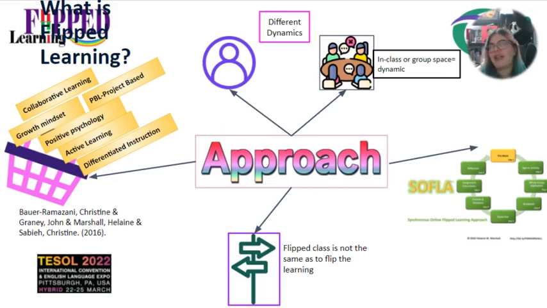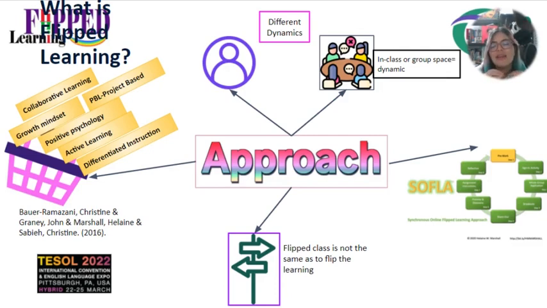So, what is flip learning? Besides the huge definition from the Flip Learning Network, in which we move those teaching practices from the group space to the individual space, the ones that are a little bit more theoretical and mechanical, and the ones that we have in the group space are a little bit more dynamic.